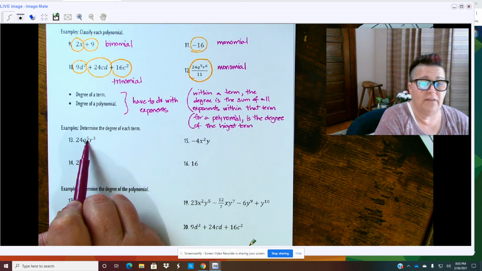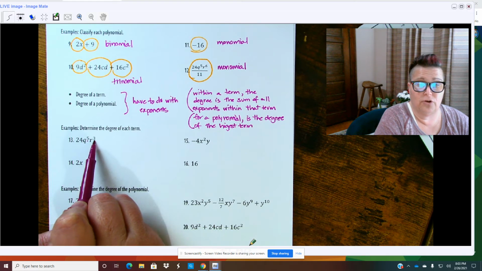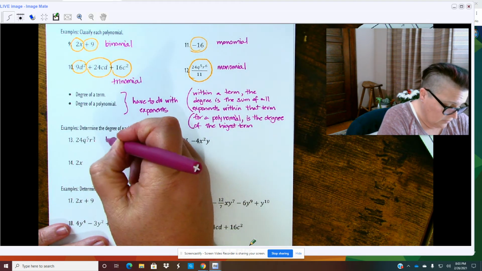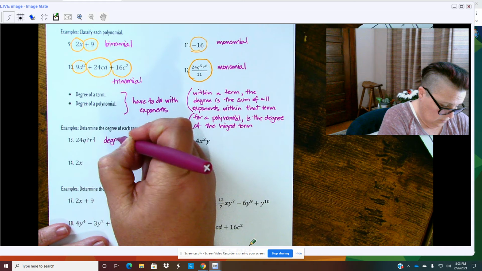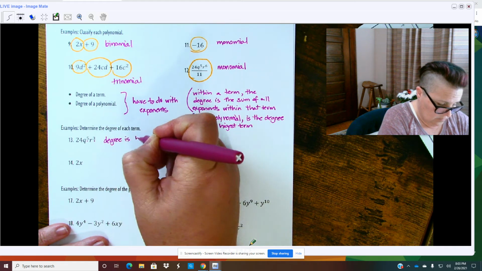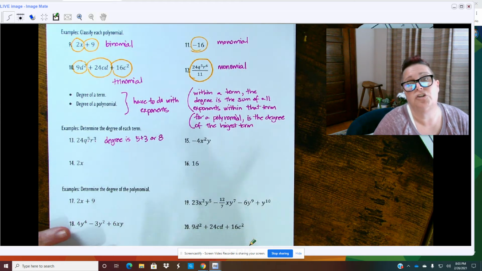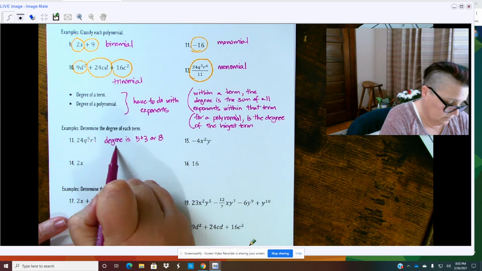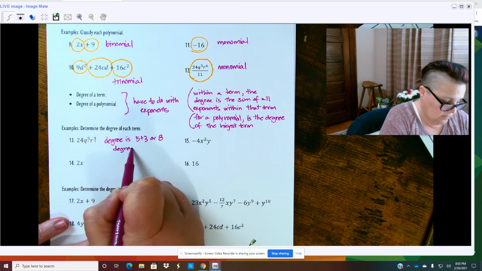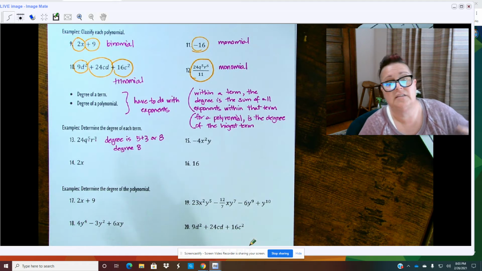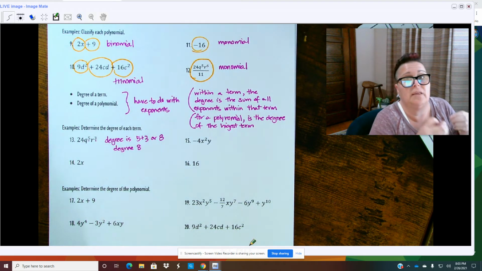So I have a fifth and a third. So this term is degree 8. It's the sum of all of the exponents within the term.